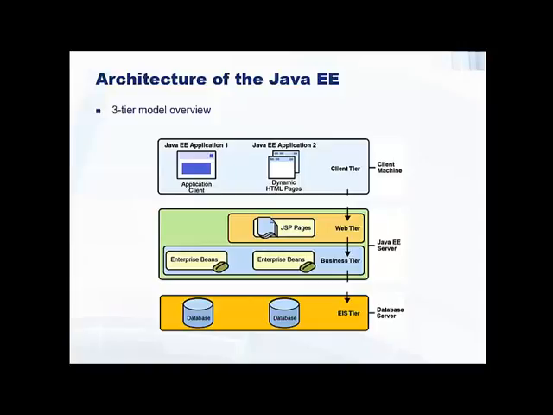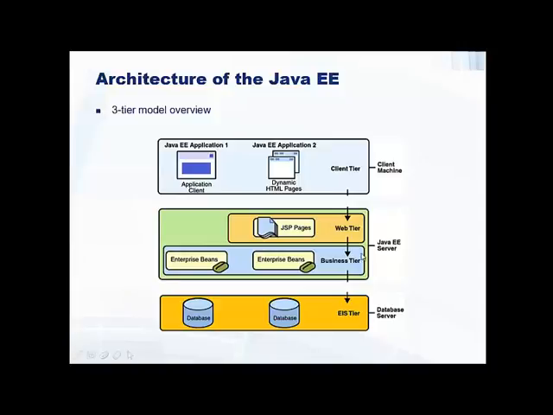It can be a client application, it can be a web application that serves as a client. The second tier is managed by a Java Enterprise Edition server, and inside that server we can have a web tier or a business tier.